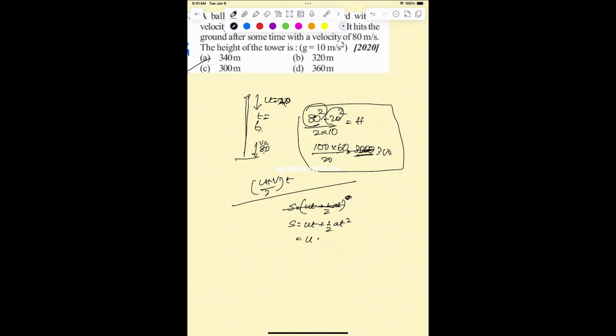Now this can be written as u plus half at, taking the t out common. Take LCM: 2u plus at, by 2, into t. This can be written as u plus at by 2.